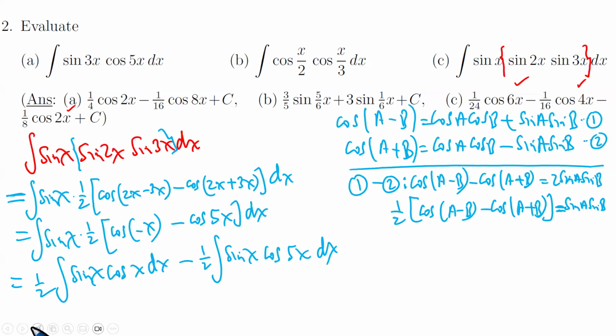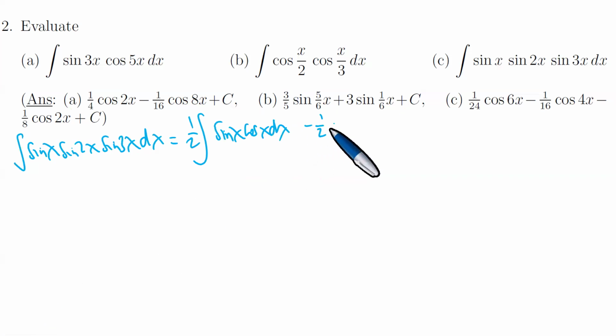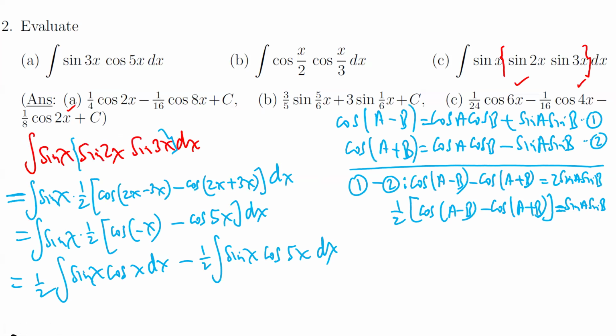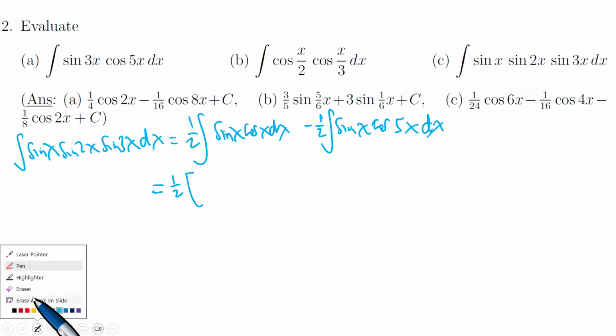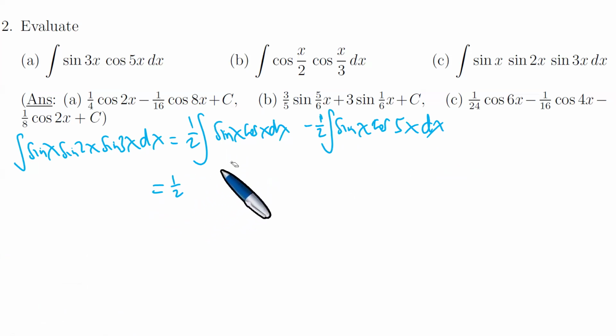Sine x cosine x dx minus 1/2 sine x cosine 5x dx. So that in the end, you have 1/2, but to, okay, you first, okay, this one you can easily do.